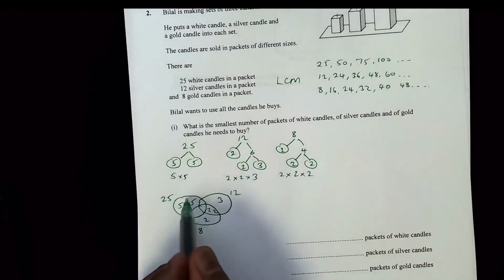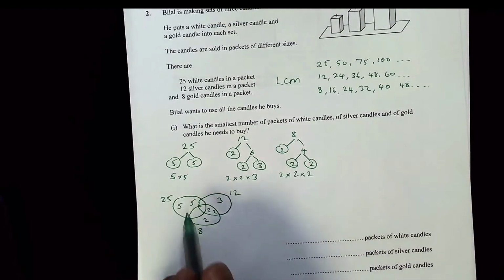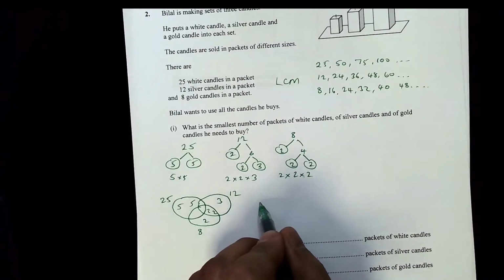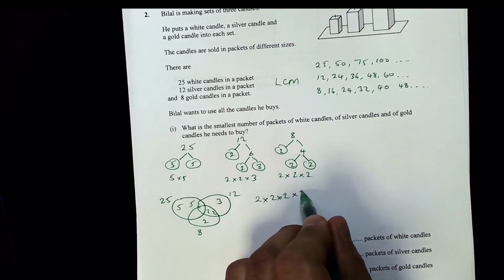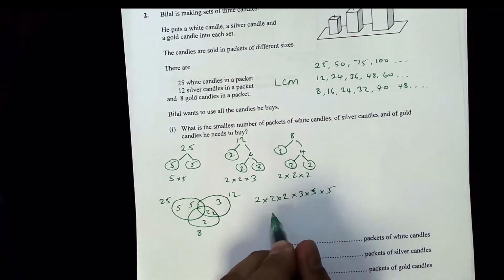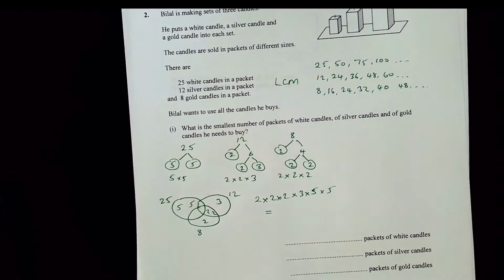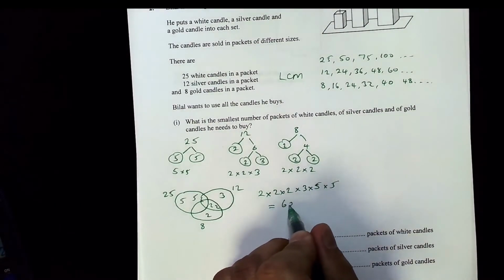So the lowest common multiple is when I multiply all the numbers in the Venn diagram: 2 times 2 times 2 times 3 times 5 times 5. So the lowest common multiple for these numbers is 600.